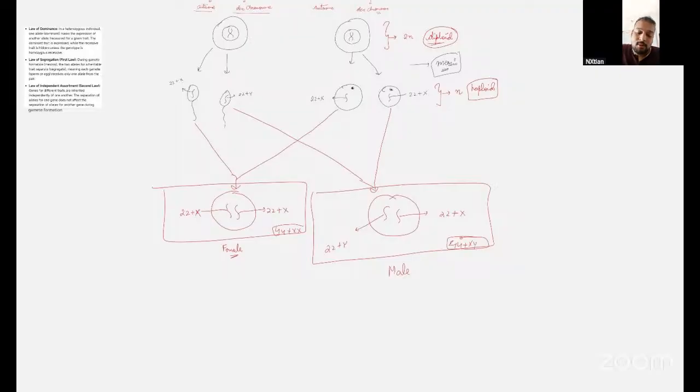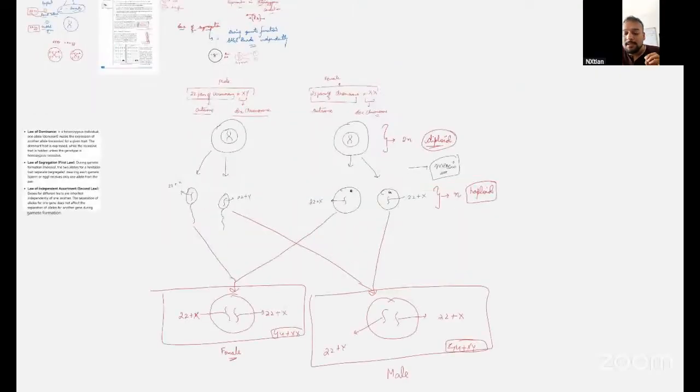Parent cells have 44 plus XY and 44 plus XX, so in the same way the zygote should have the same number of chromosomes. If it does not go through meiotic division, the number of chromosomes will be double. Everyone got my point?